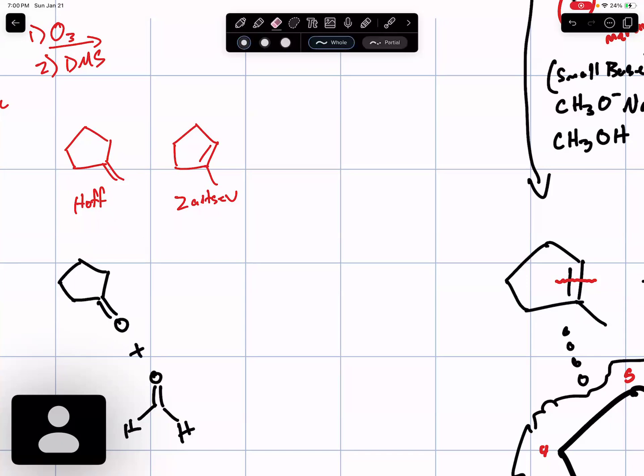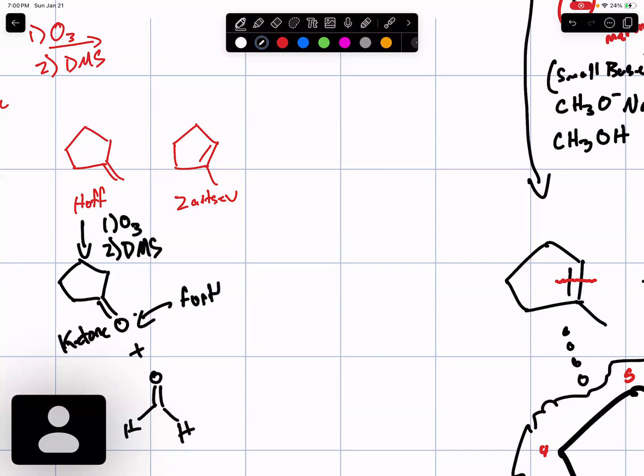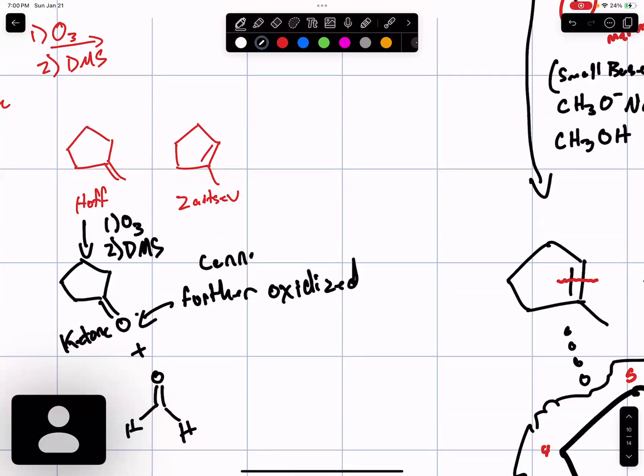Let me just draw this a little bit better. If we use ozonolysis with the Hofmann alkene, we would get this ketone, which, as I stated before, we could not further oxidize.